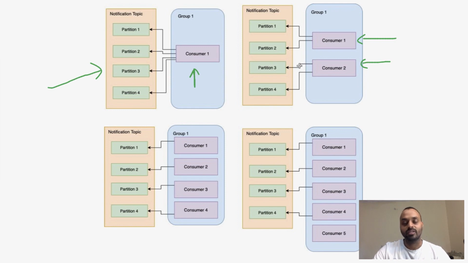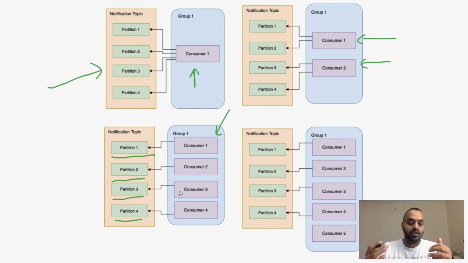Now let's say we have handled our load, but messages are coming at a faster pace. Then we have to scale our consumers more. So we have added four consumers, reading from these four partitions, and that is the fastest processing we can do.